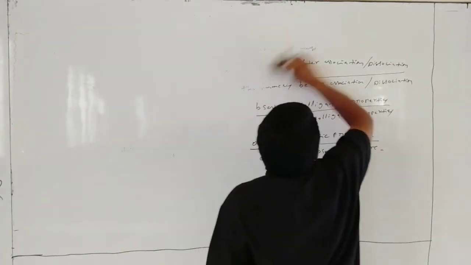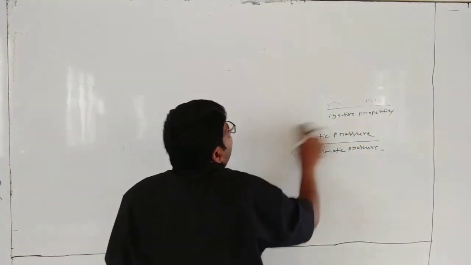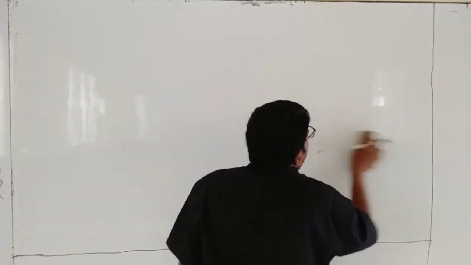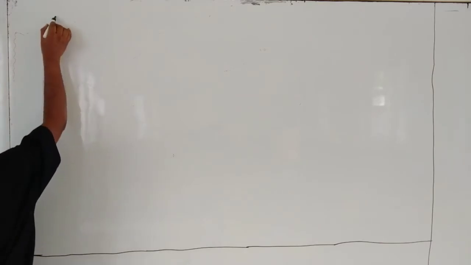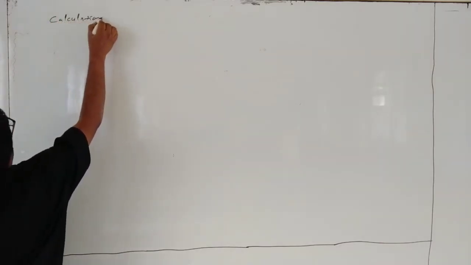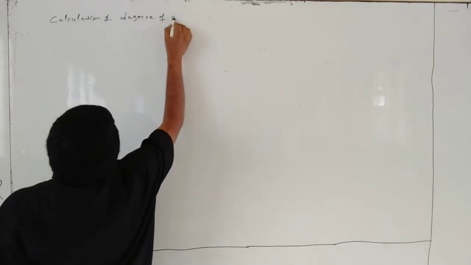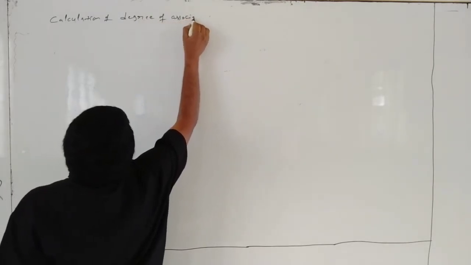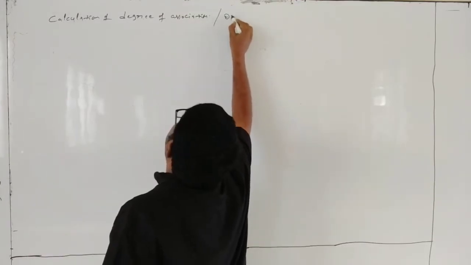So alpha here is called the degree of association or degree of dissociation. Now, calculation of degree of association or dissociation.